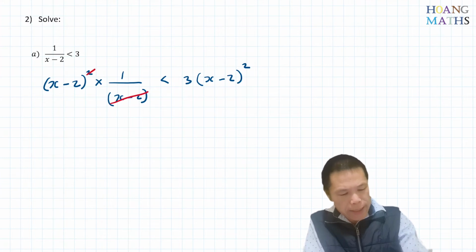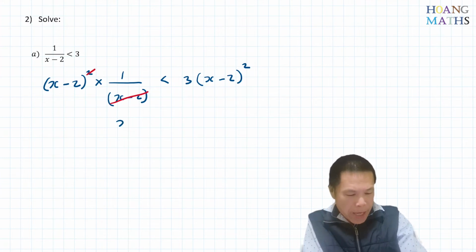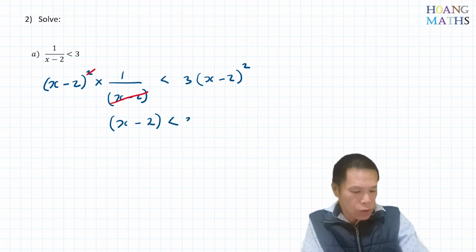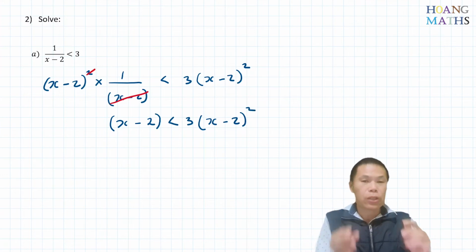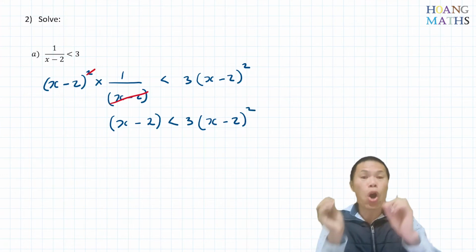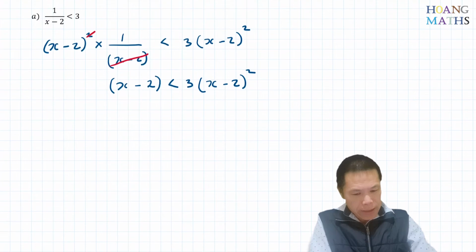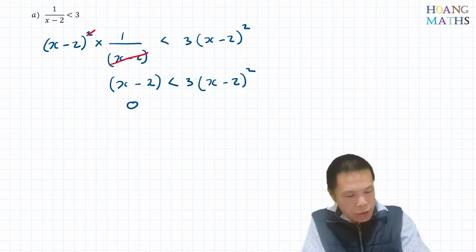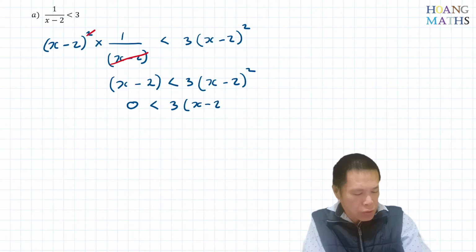So on the right hand side, we have x minus 2, and of course, it's less than 3 (x minus 2) all squared. So now I just move x minus 2 to the other side, okay? So let's just move this up. So 0 is less than 3 (x minus 2) all squared minus (x minus 2).